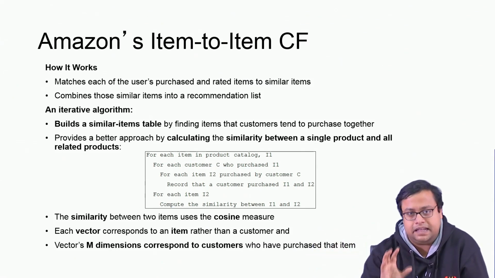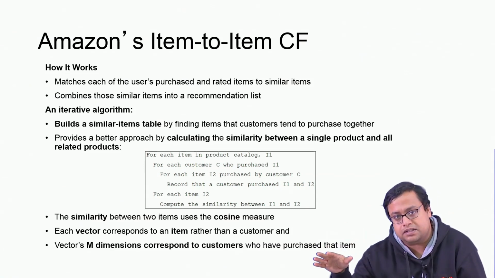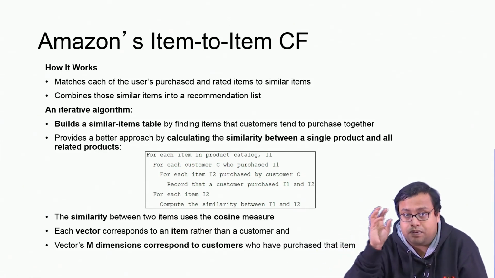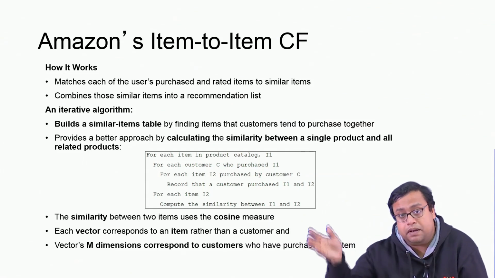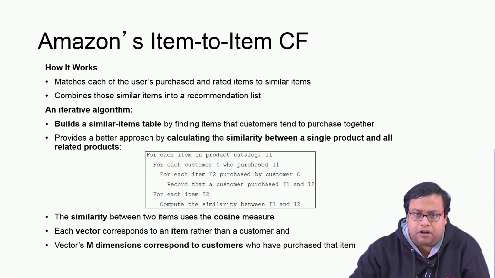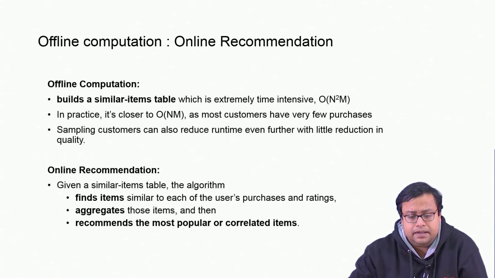So, the number of items is lower and the number of customers is higher, because the same item is bought by multiple customers. Generally that is what is seen, and because the number of products is lower, it is better to do item to item collaborative filtering, because that takes less time.